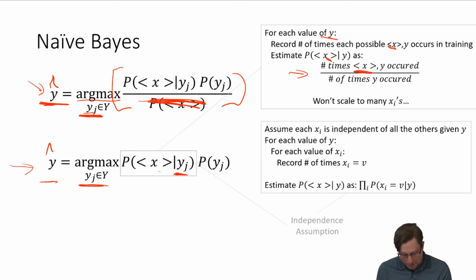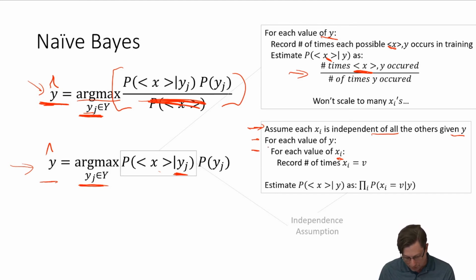So if we assume that each xi is independent of the others given a particular class label, a particular value of y, then for the counters we need to keep, for each value of y, so each possible prediction, in the spam case that would be 0 and 1, for each value of xi, so the first one would be the presence or absence of a particular word, the second one the presence or absence of another word.